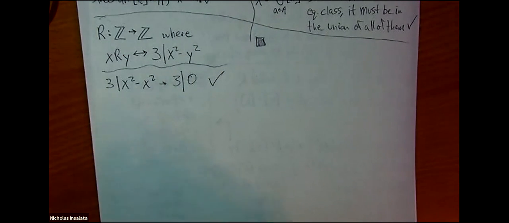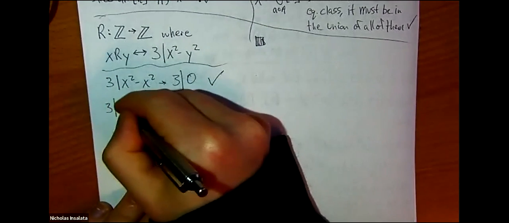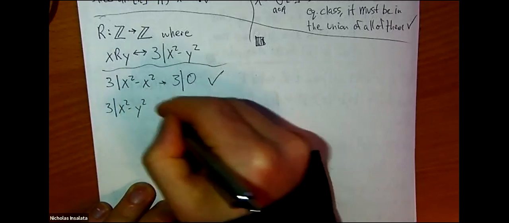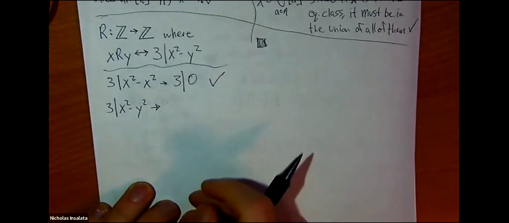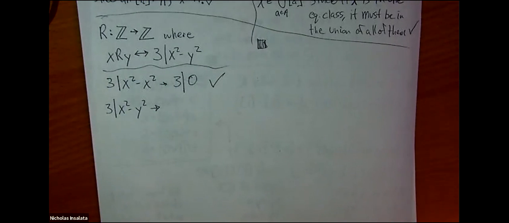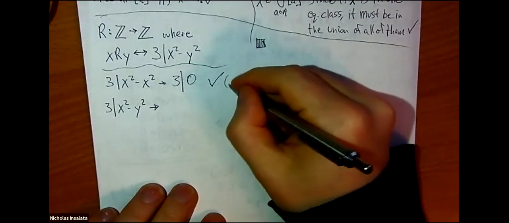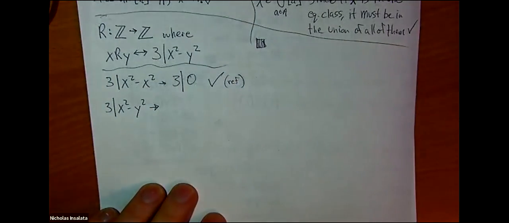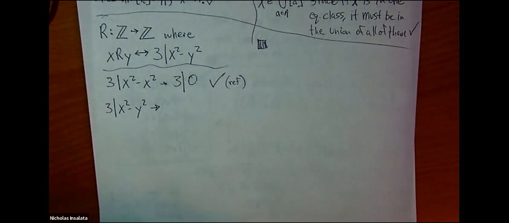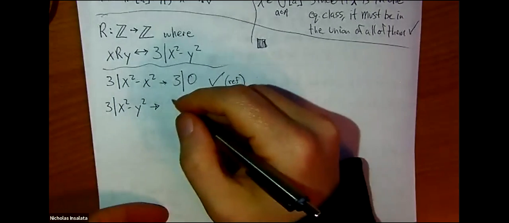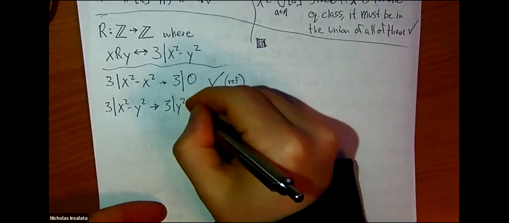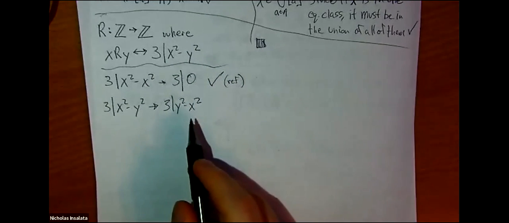Okay, how about symmetry? Well, 3 divides x squared minus y squared implies what for symmetry? Good. 3 divides y squared minus x squared, which it does. And how do we know that?